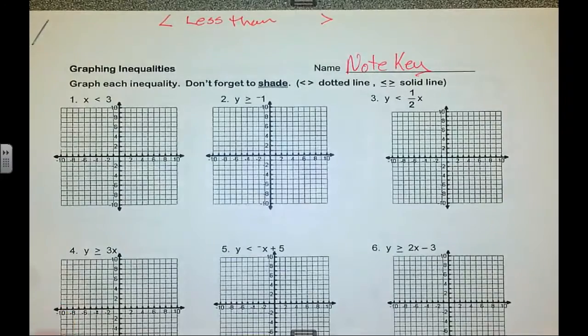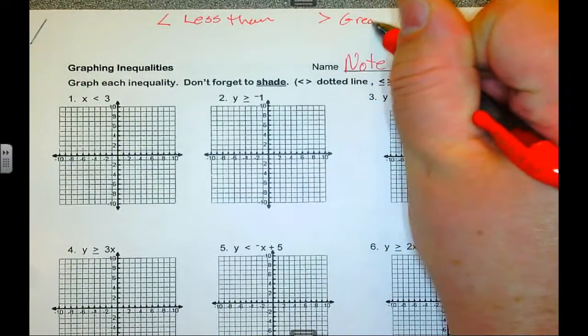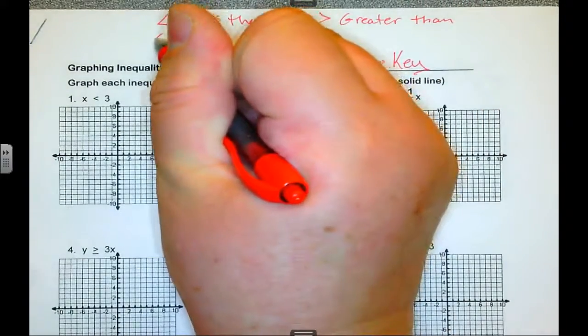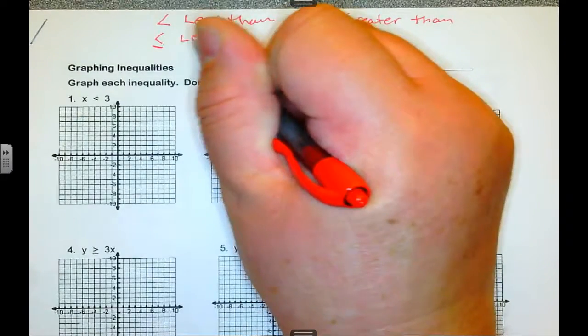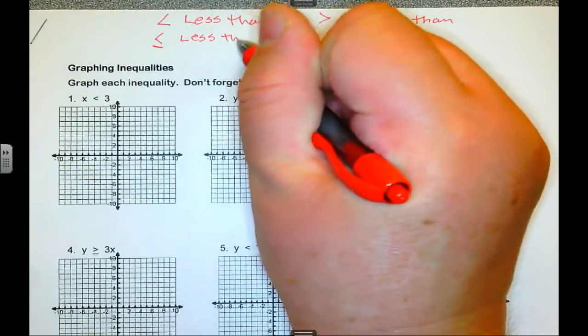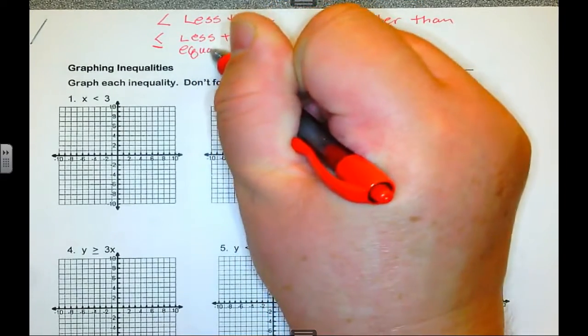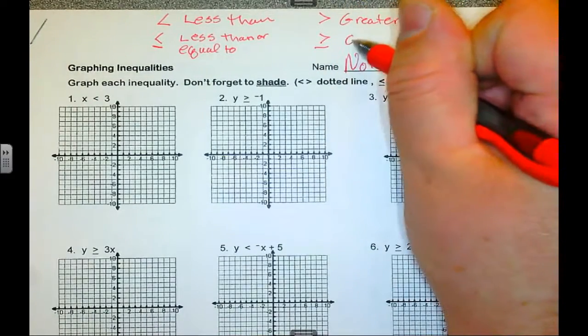What's this sign? Greater than. What's this sign? Less than or equal to. And what's this sign? Greater than or equal to.